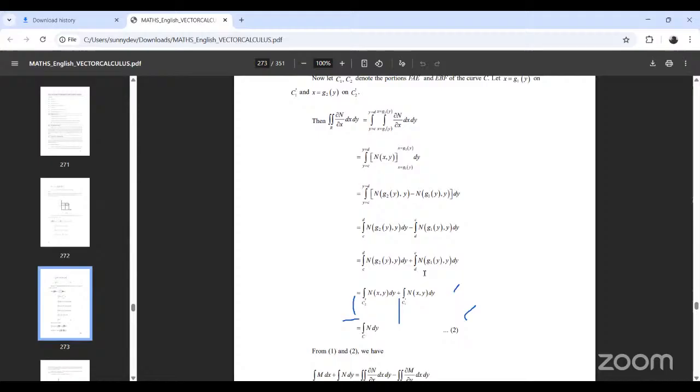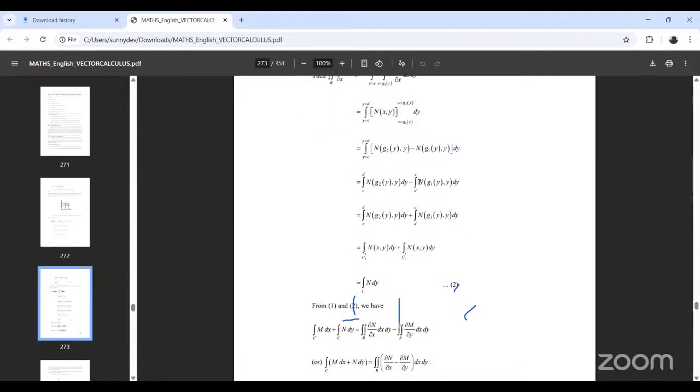The limits are c to d. Observe here that d is the lower limit and c is the upper limit, but we are changing the limits, so the minus becomes plus, d to c of g(y) dy. It represents the curve C2 and this represents the curve C1.